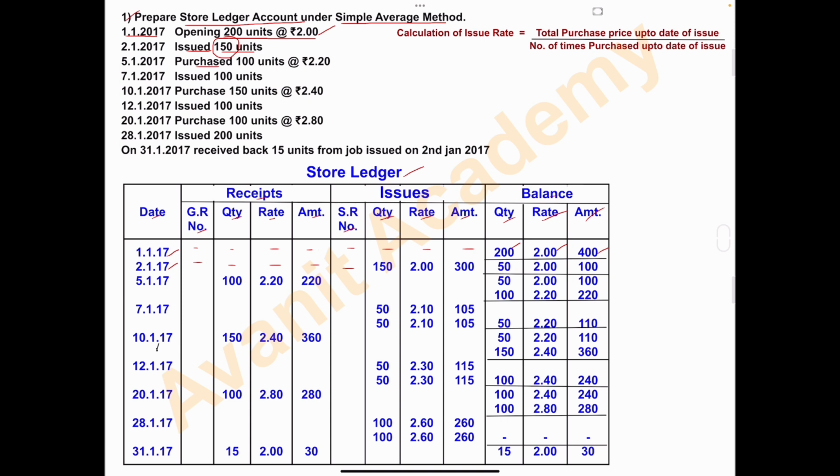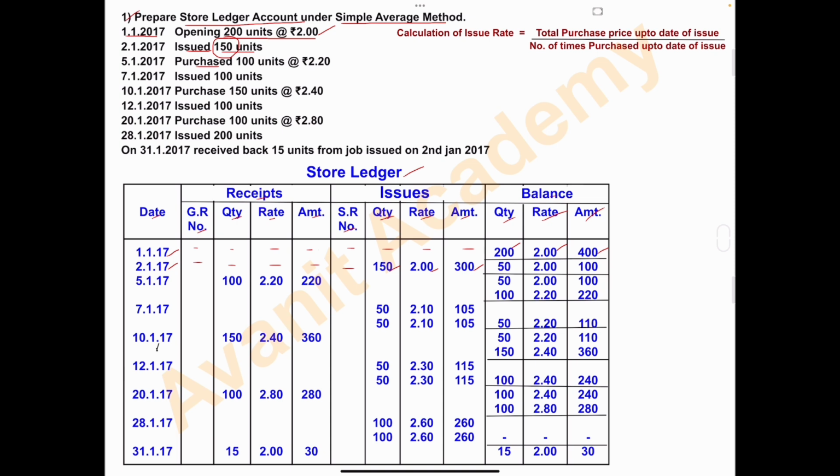So we have here single quantity, single stock. So directly we'll take quantity 150 units, rate per unit directly we'll take 2 because here only one stock is there. So directly we'll take quantity 150 and rate per unit is 2. 150 into 2, total amount is 300.